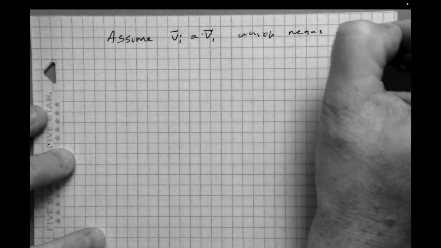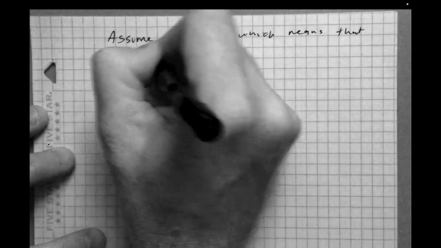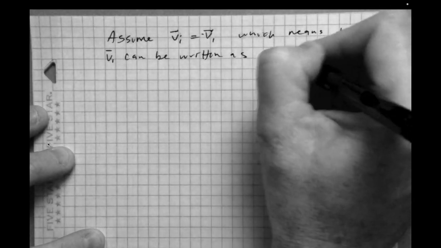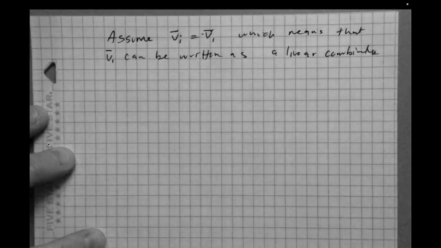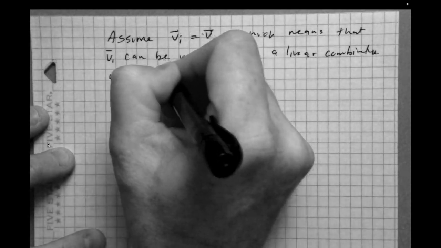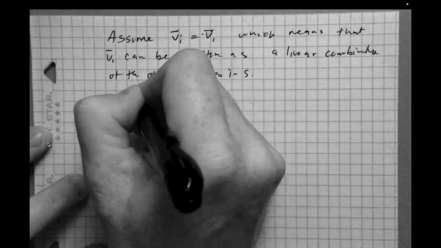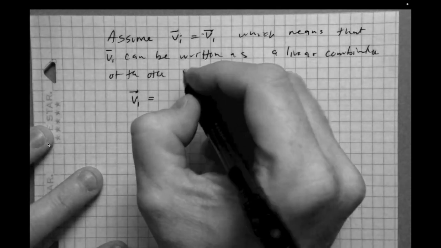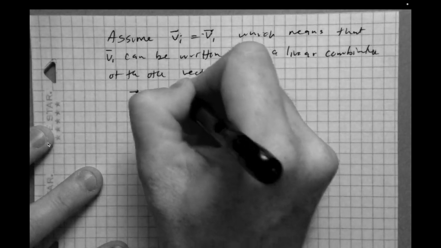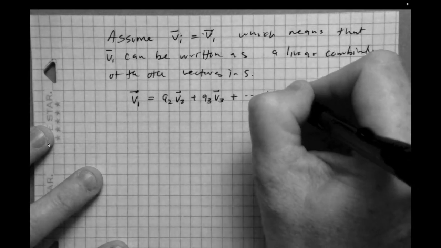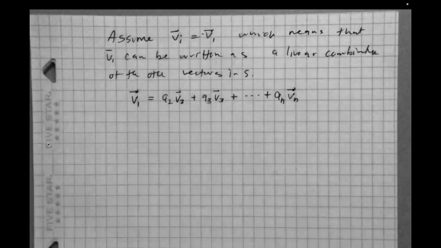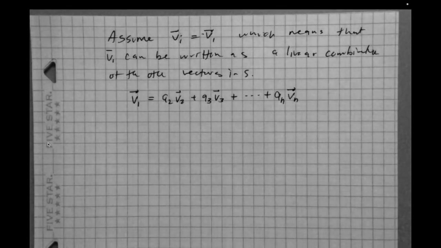It means that v1 can be written as a linear combo of the other n minus 1 vectors in S. Specifically, v1 is going to be equal to a2v2 plus a3v3, however many there happen to be, plus ... plus anvn. v1 is the one that can be written as a linear combination of the others, so this is true.